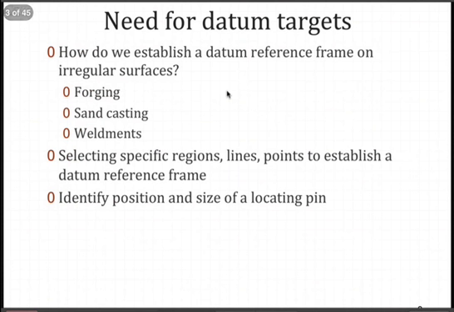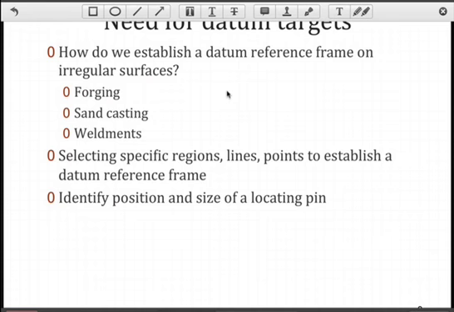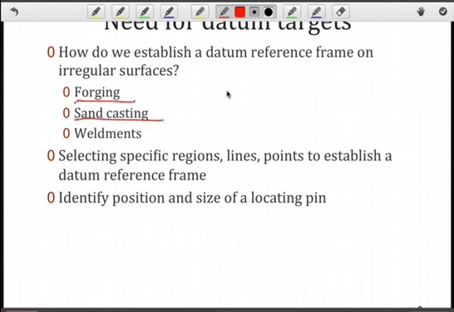Well, first of all, you might ask, why do I need datum targets when we've seen datum surfaces and datum features serve our purpose quite well in establishing a datum reference frame? Well, sometimes we have specific processes such as forging, sandcasting, weldments, as well as others that create irregular surfaces.